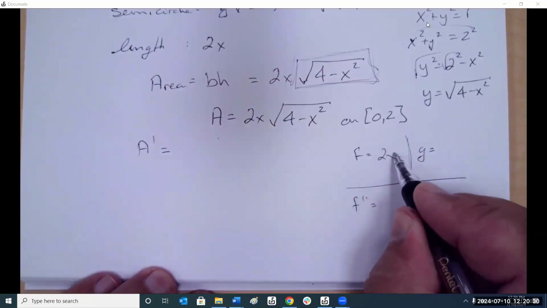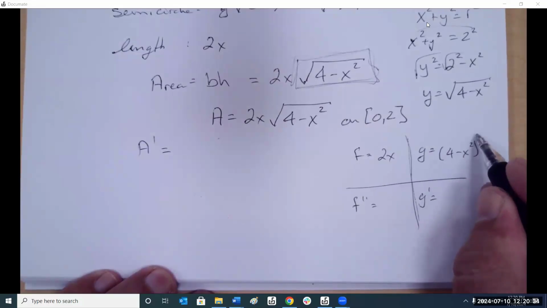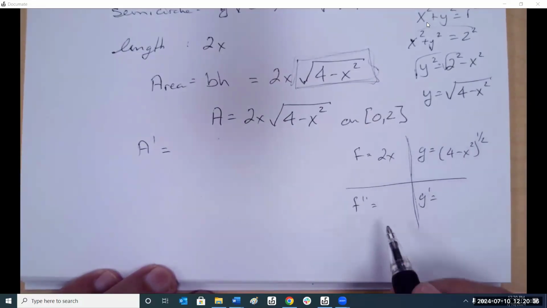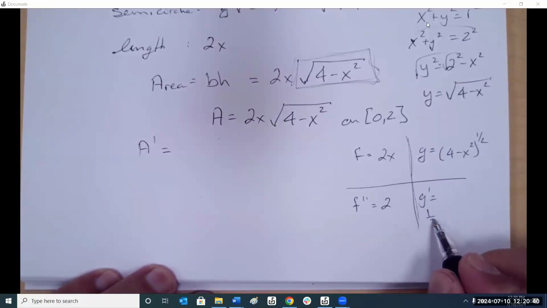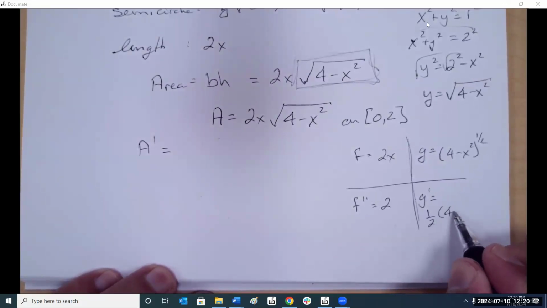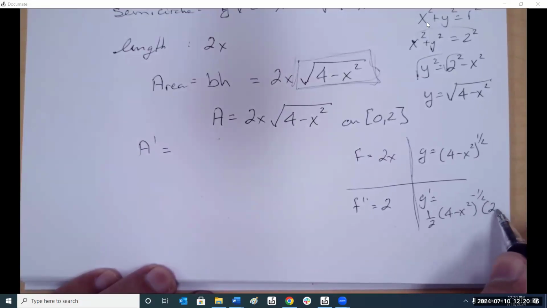We have 2x times 4 minus x squared to the power 1/2. This one's going to be 1/2 times 4 minus x squared to the power -1/2, times -2.